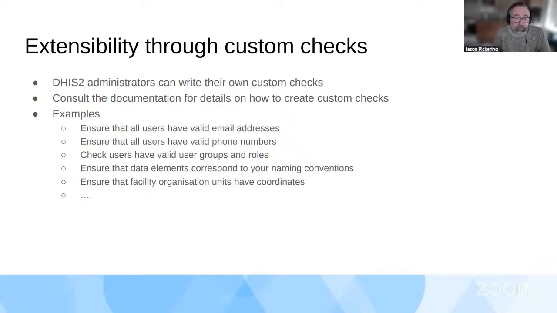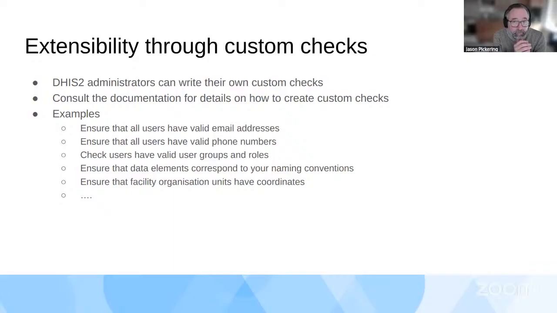And that's part of the reason why we haven't implemented them, because maybe not every user should have a valid email address. There certainly are instances of DHIS2 where all users should have an email address. And you could think about creating a custom check for that. And I'll show that in the next slide.